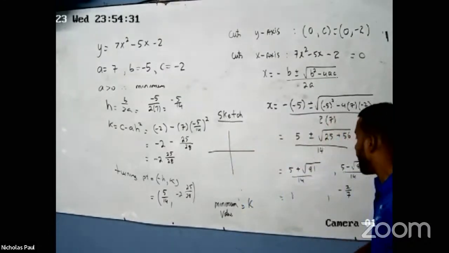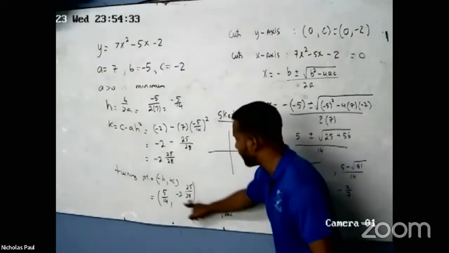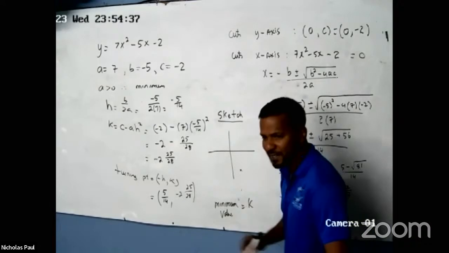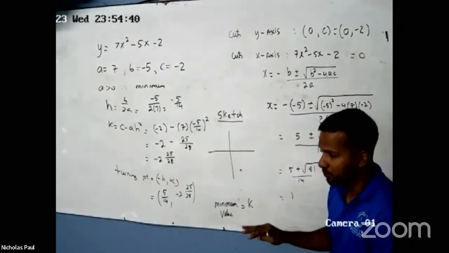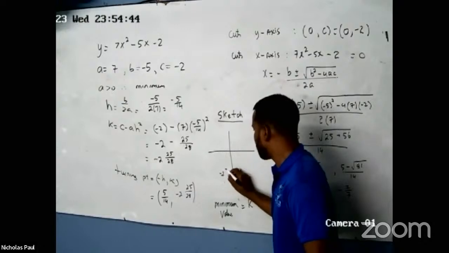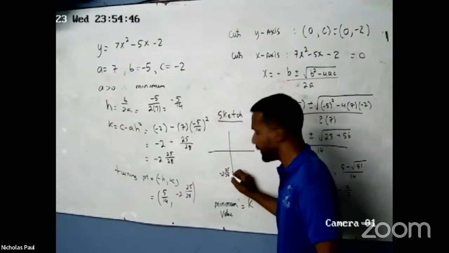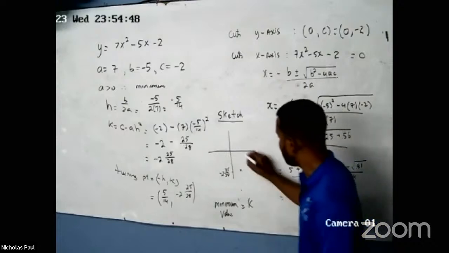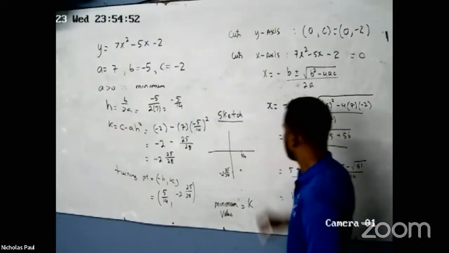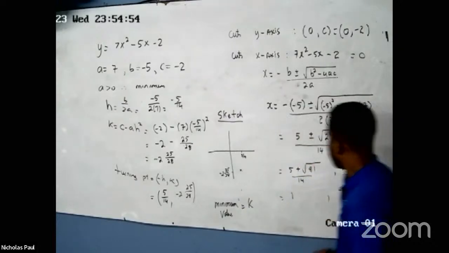Let's do the turning point first. 5 on 14, minus 2. It's a sketch, so you don't do a scale. You just average it. So this is 5 on 14 and minus 2 and 25 on 28. Here is 5 on 14. Plot 1 and minus 2 sevenths first.